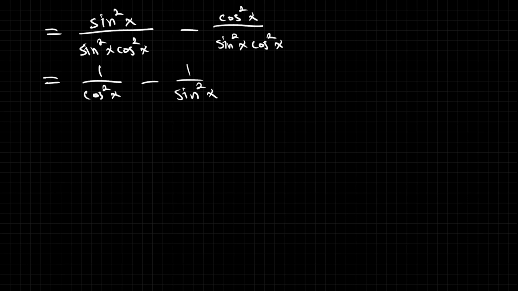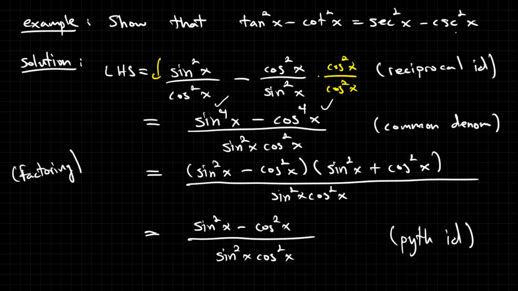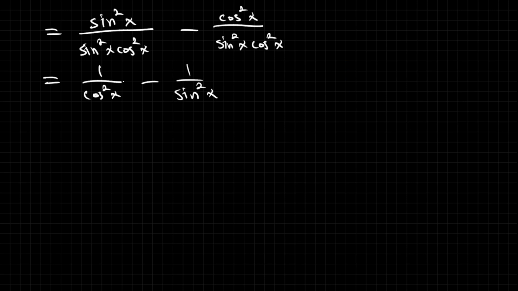And now where am I trying to get to again? I'm trying to get to secant squared x minus cosecant squared x. If you ever get lost in your calculations and you don't know where to go, take a peek at the right-hand side and see if you're getting close. Well, 1 over cosine squared x, that's secant squared x, so secant squared x minus cosecant squared x. And this is the right-hand side.